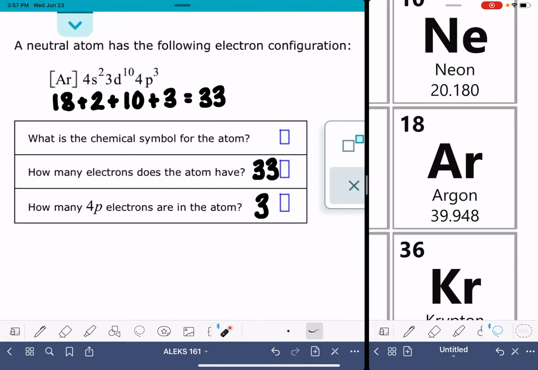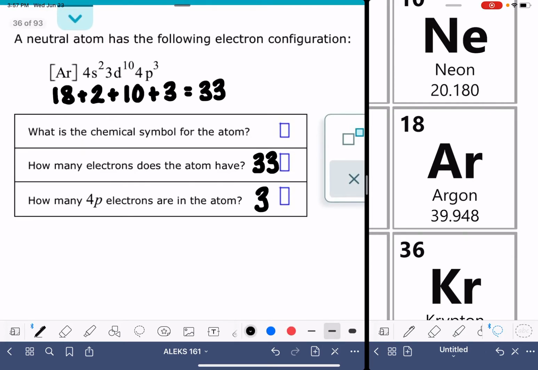Now, what we do next in terms of answering this question right here is going to vary depending on if you've been assigned a neutral atom, or maybe you have been assigned a cation, or maybe you have been assigned an anion. We have to figure out the chemical symbol for the atom. To do that, I'm going to add a little side question.